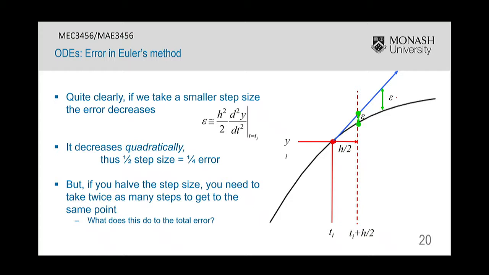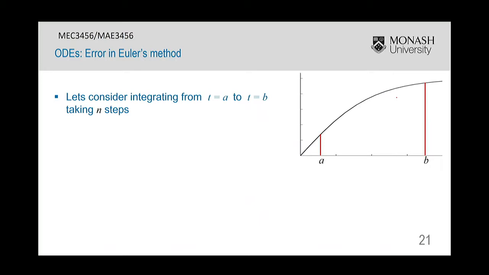So what does this do to the total error? Half the step size, each step is 4 times more accurate, but twice as many steps. It's not entirely clear how that's going to affect the error. So in order to estimate this, let's consider going from t equal to a to t equal to b and taking n steps.